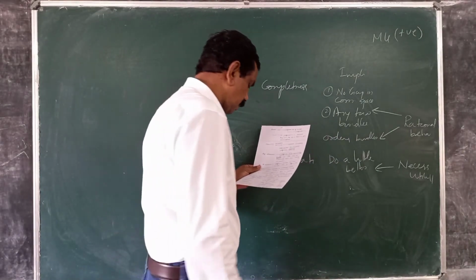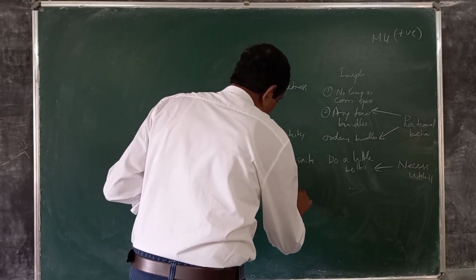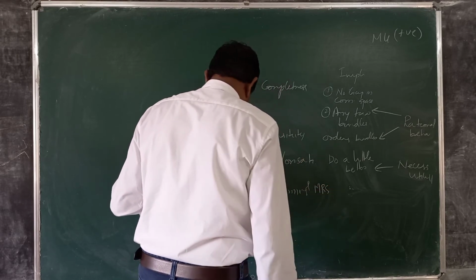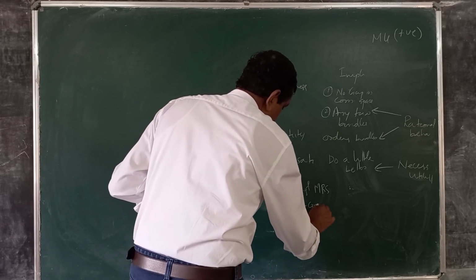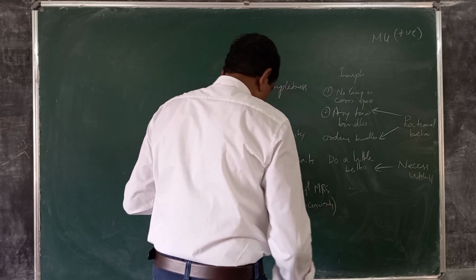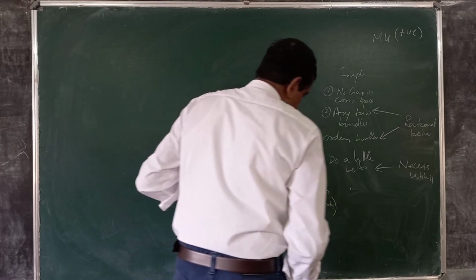And the fourth axiom that we will see is diminishing marginal rate of substitution, also known as strict convexity. It's a point which we will see later. We will discuss diminishing MRS or strict convexity.